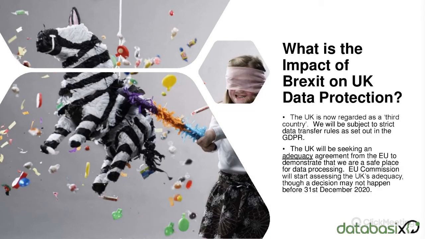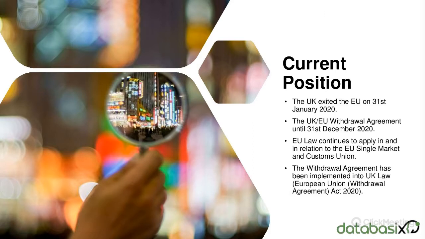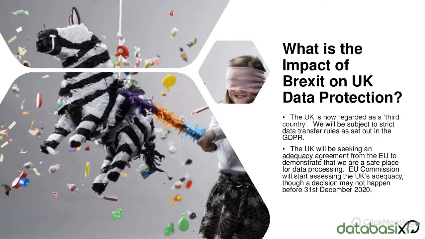So what is the impact on UK data protection? We are now outside of the EU and we are considered a third country. We will be subject to strict data transfer rules as set out in the EU GDPR.